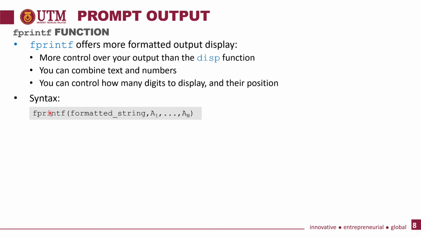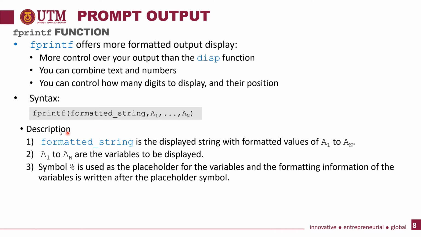All right, so the syntax for the Fprintf function is Fprintf, formatted string, A1 until AN. A1 until AN are actually the variables that you want shown. The formatted string is the displayed string with the formatted values of A1 to AN.